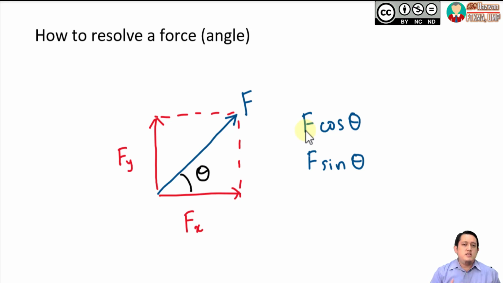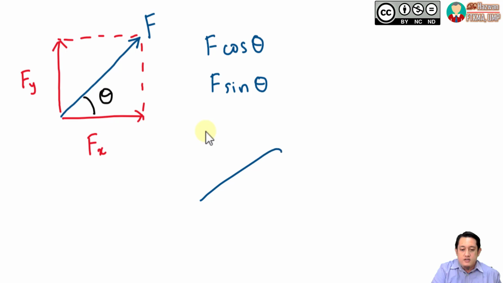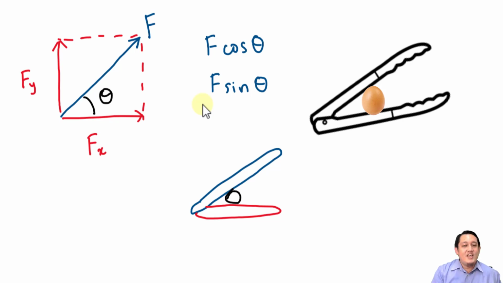Let's imagine that our F, and also this Fx here, are like a pair of tongs. And let's imagine our angle here as an egg. So this one is F, and this one is Fx.